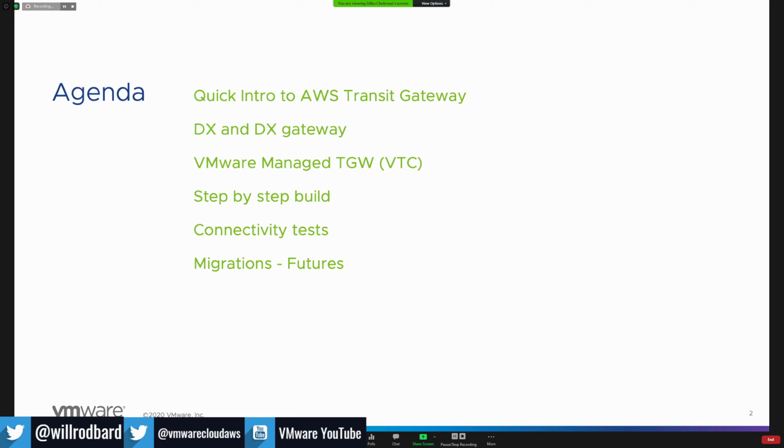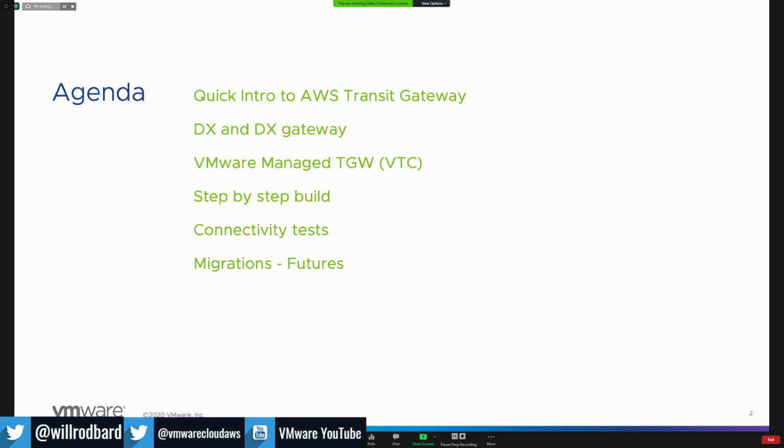And quickly, I will go through the step-by-step build that we have in the lab, or we had, because we are doing a complete rebuild of the lab right now. So I have a step-by-step build of everything that is needed to be able to build multiple SDDC connections, VPC connections, and I will show some connectivity tests.